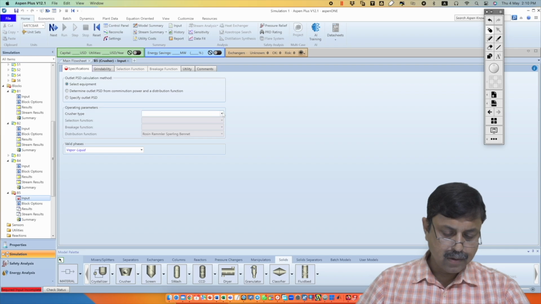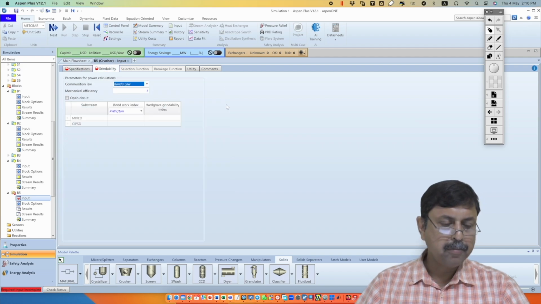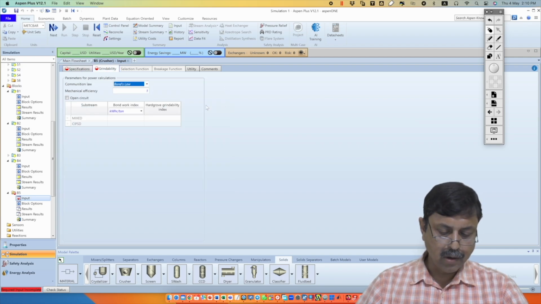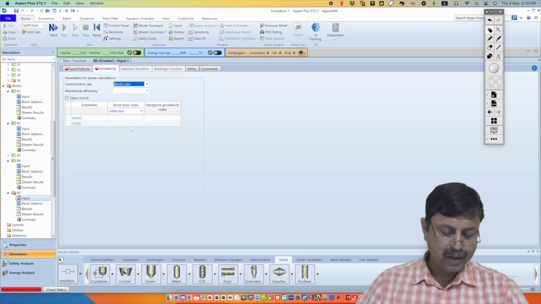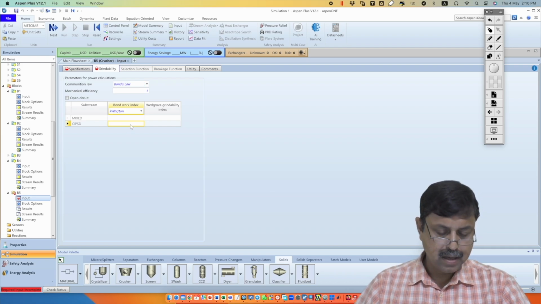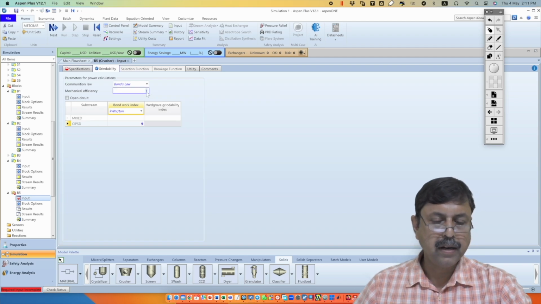So the moment you choose ball mill, the grindability is open, and here also Bond's law, you have to use bond work index of 9 and 75% efficiency. So bond work index of 9 over here, and mechanical efficiency is 0.75.